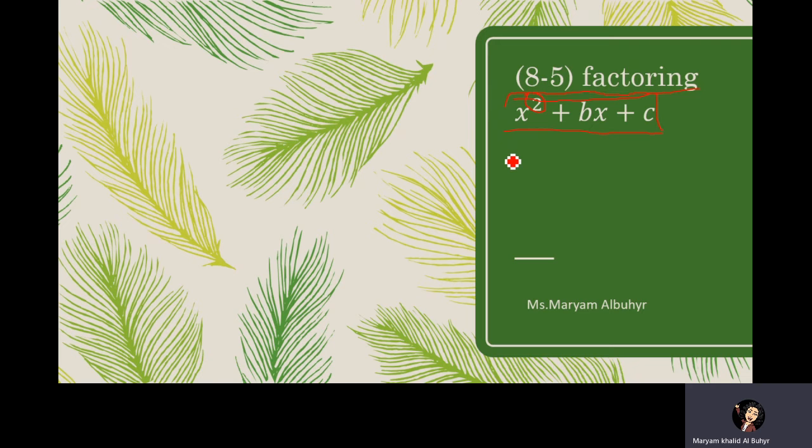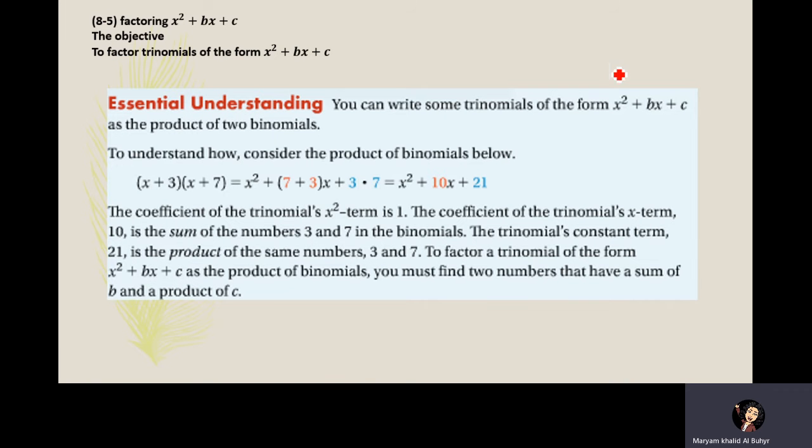This lesson is kind of an introduction to the next chapter, which is chapter 9. Let's get started. In the previous lesson, we learned how to multiply binomials like that, first by second and so on. In today's lesson, we are going to have this form, the opposite, and then we will go back to this form.